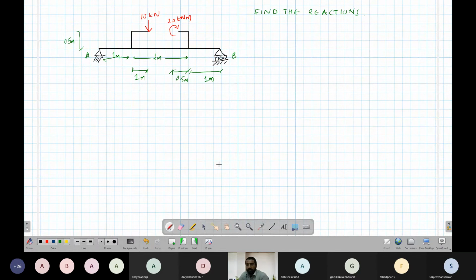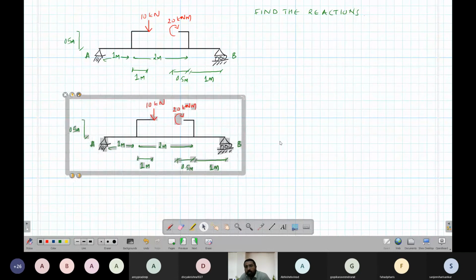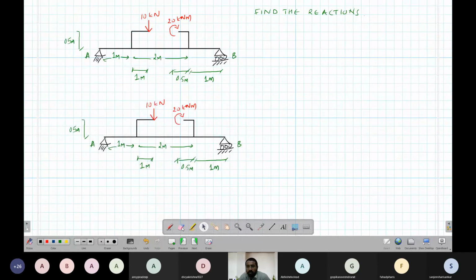So let's say what I need is, this I have to remove, and this also I have to remove.